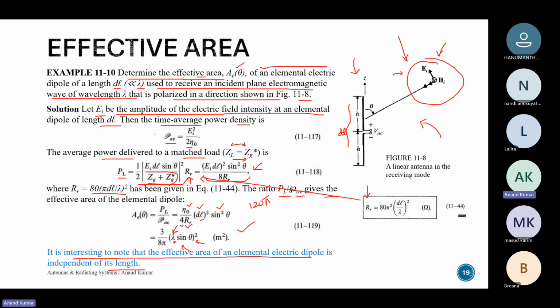So we calculated the time average power density and the power delivered to the load, and took its ratio to calculate the effective area.